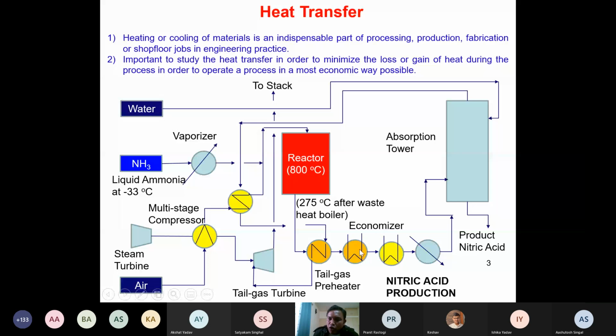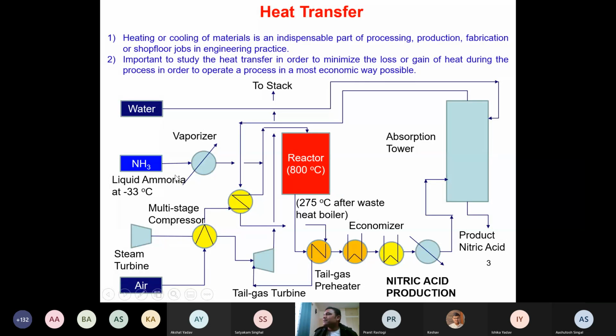again the heat is recovered from the outlet stream, and this outlet stream from the economizer then again exchanges heat with the boiler feed water, and further the outlet stream from this second heat exchanger is given to the condenser, where again the temperature is reduced by condensing vapor, and this cooled gas is then fed to the absorption tower where it contacts with the water to produce the nitric acid.